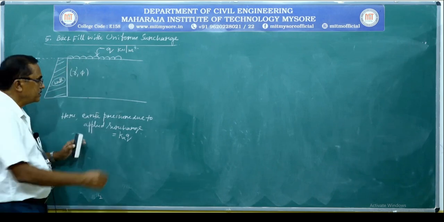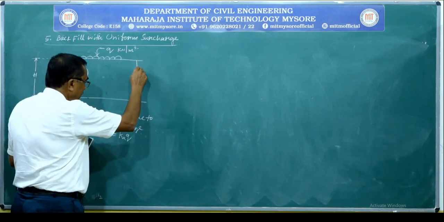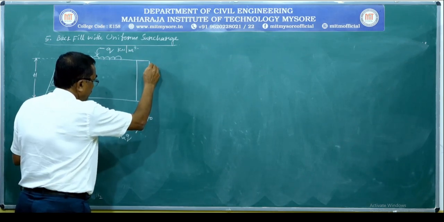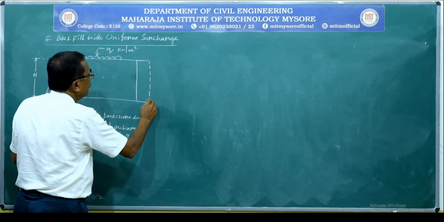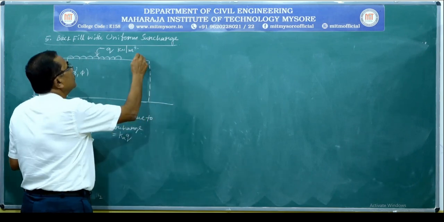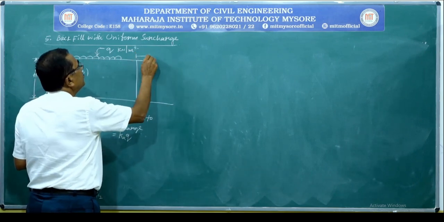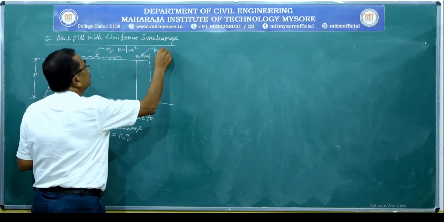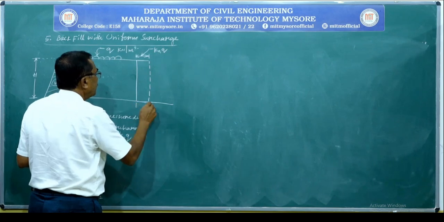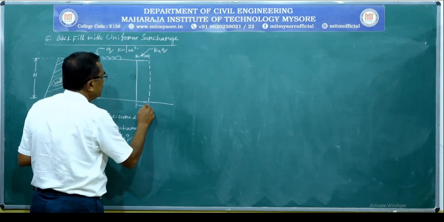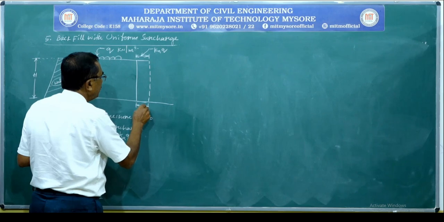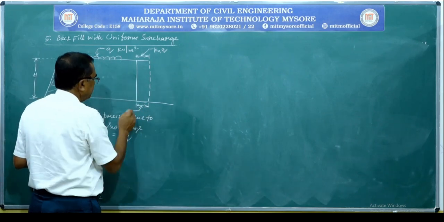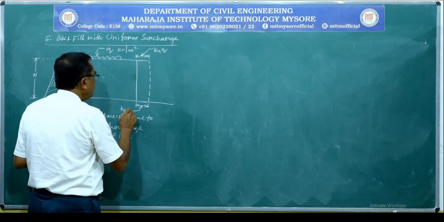And this surcharge pressure will be uniform throughout the height. If you draw the pressure distribution diagram, we can show it like this. So this is Ka into q, where Ka is the coefficient of active earth pressure and q is the intensity of the surcharge, uniformly distributed load. Ka into q.